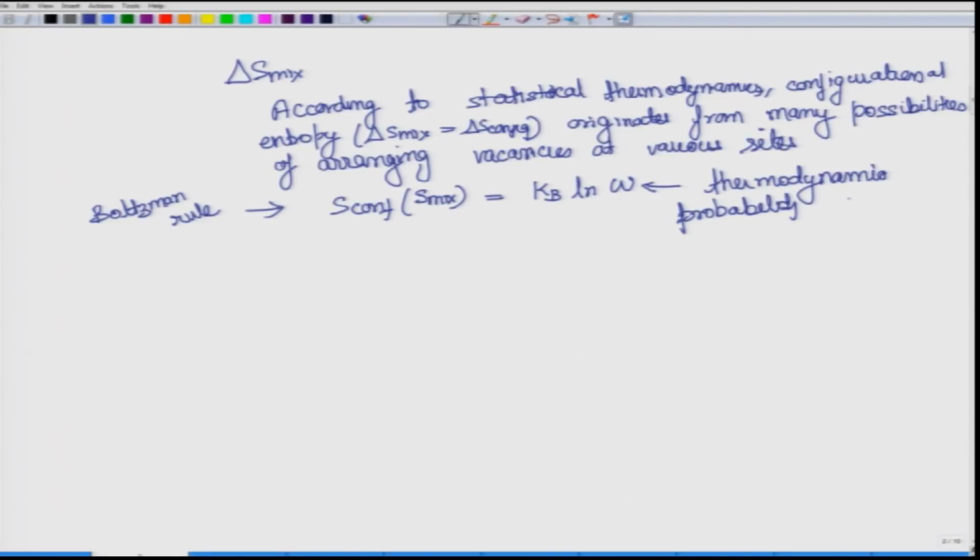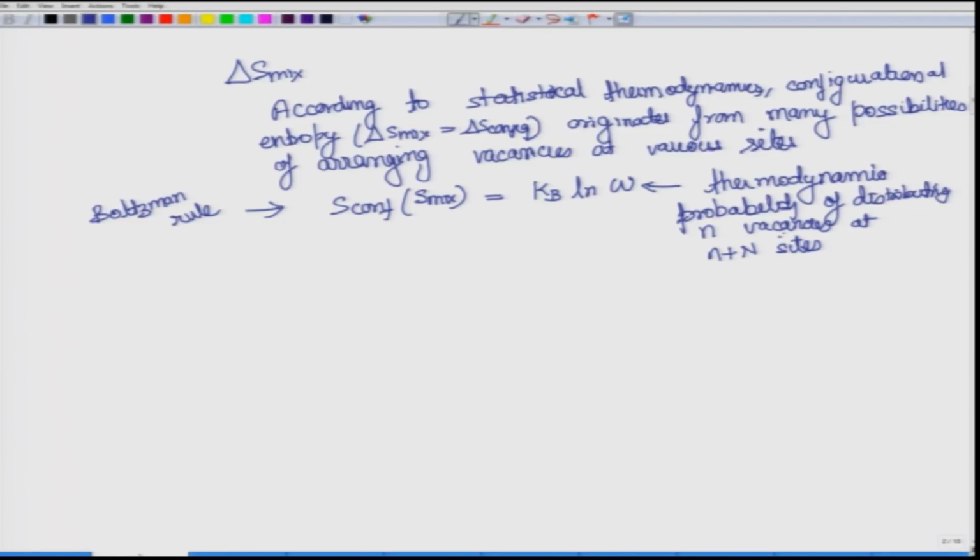which represents number of different ways of distributing n vacancies at n plus n sites.